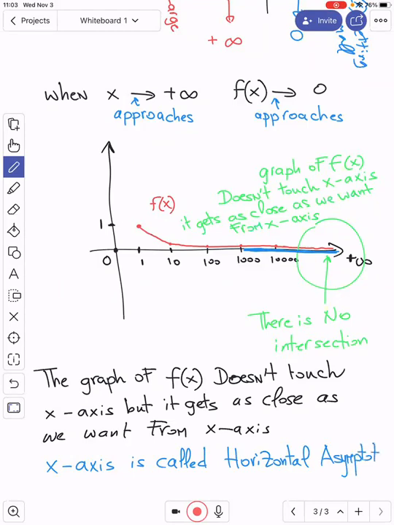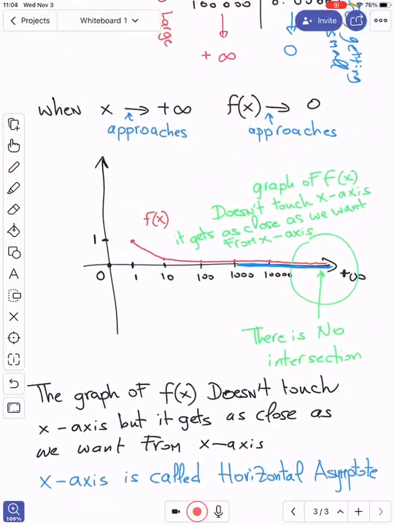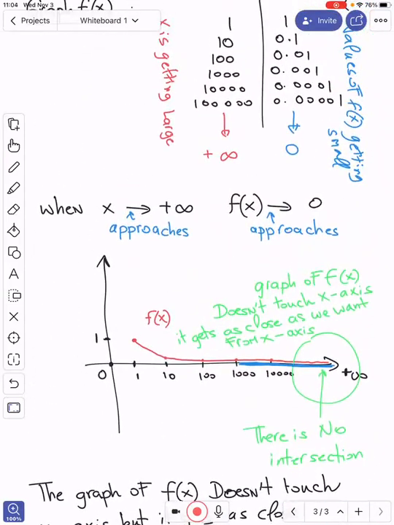It's called the horizontal asymptote because it doesn't touch the graph, but the graph gets as close as we want to the x-axis. So this is when the values of x approach infinity, your values of f approach 0.